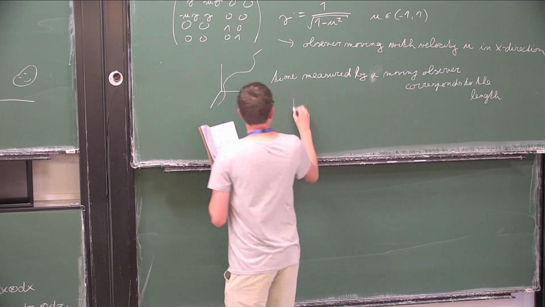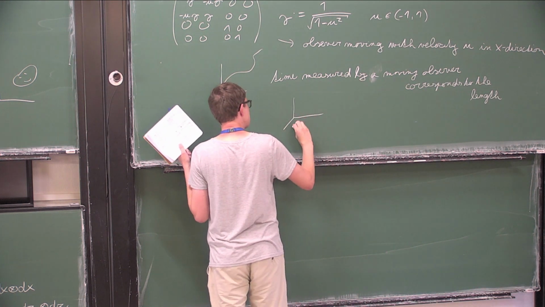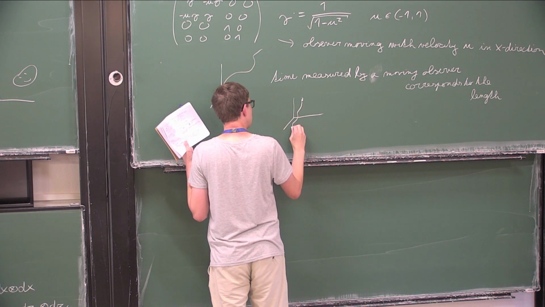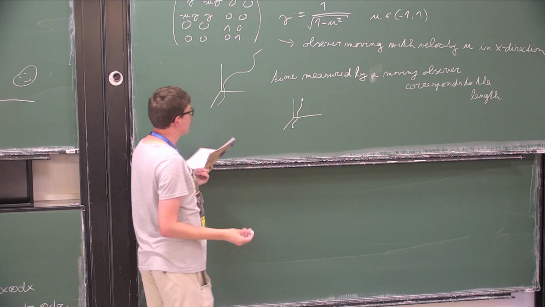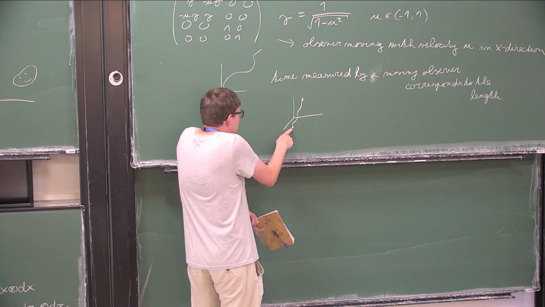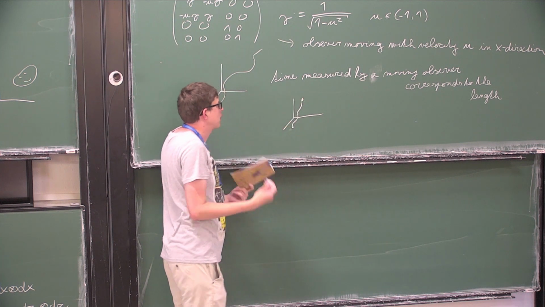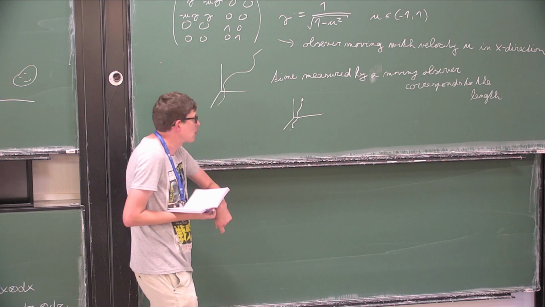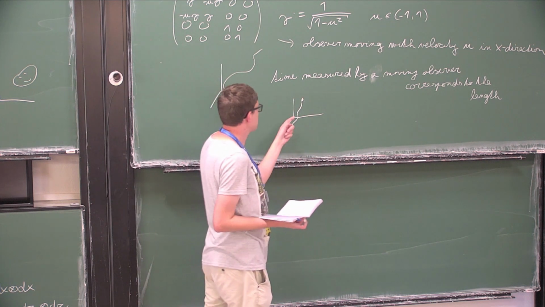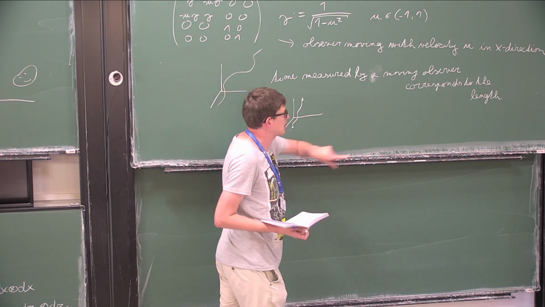So if someone is moving from here to here, for me this was time 0 and this was time 3, some time. But if I'm interested in what the watch of the observer measures, the time he will see corresponds precisely to the length.